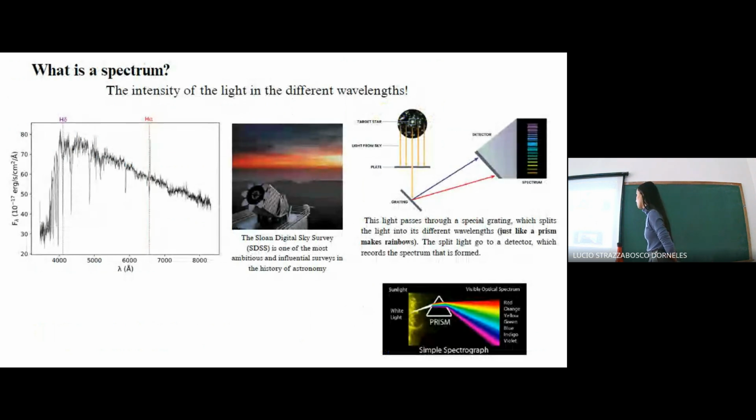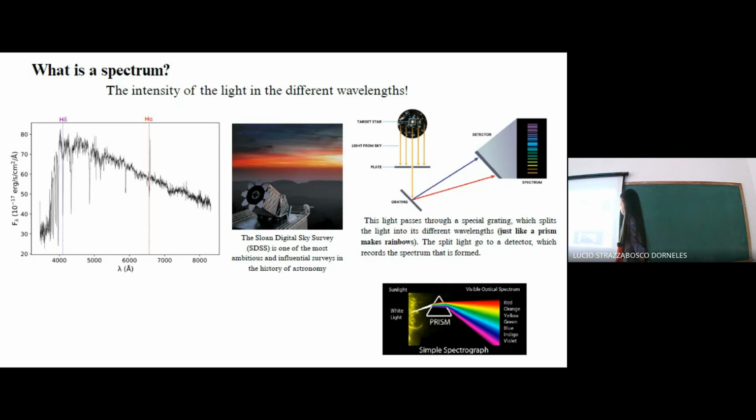What is a spectrum? It's basically the intensity of the light. So here we have the intensity of the light in the different wavelengths. Here we have the blue color, and here we have the red color.